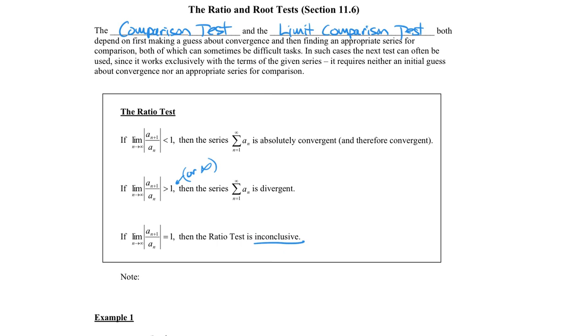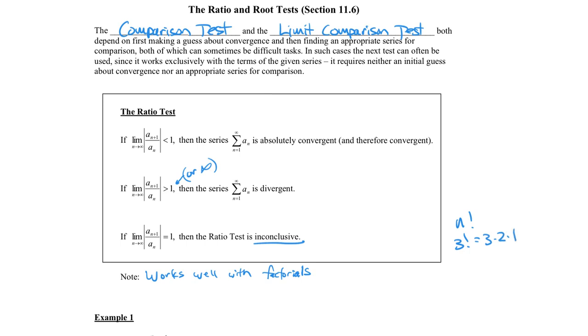The little note here is that this test works well with factorials. So it's sort of a red flag. If you have a series that has factorials, right away just think ratio test. So factorials like n factorial, remember something like 3 factorial is just 3 times 2 times 1.